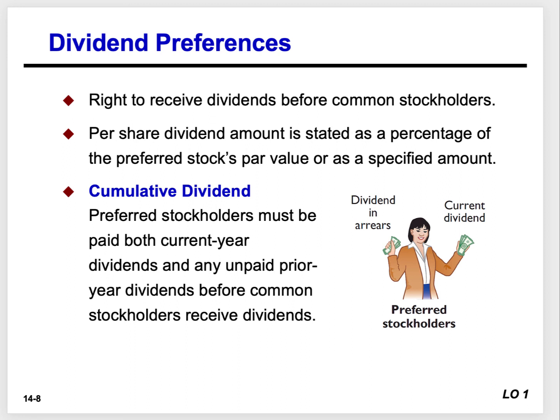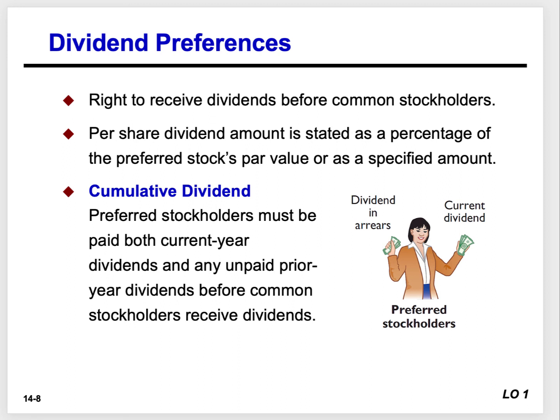They're preferred. They have to get a dividend, right? It's stated on their stock of preferred shares. So when we're talking about preferred stock, they always have to get a dividend, even if it's not declared. They still are entitled to it because legally they bought this stock based on it being preferred shares.